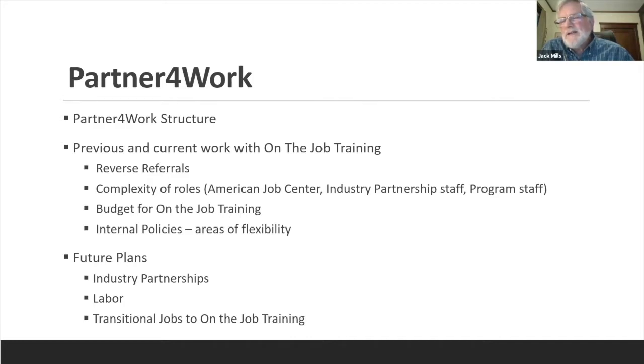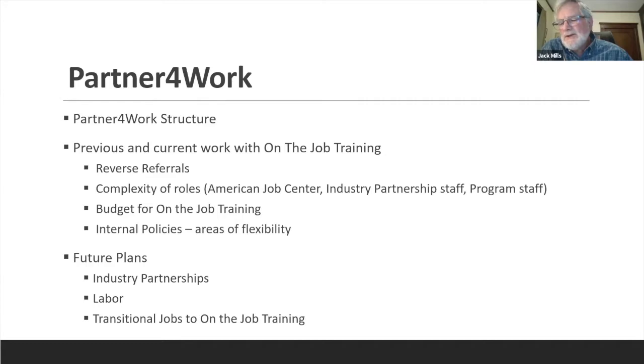And when I say it's a team sport, for us, we have a complex set of roles, both at the Career Link, the American Job Center, and at our industry partnership staff, and also with our program staff. And so just to talk that out a little bit, our program team is responsible for all the contracts that I mentioned, except for our business engagement contracts.